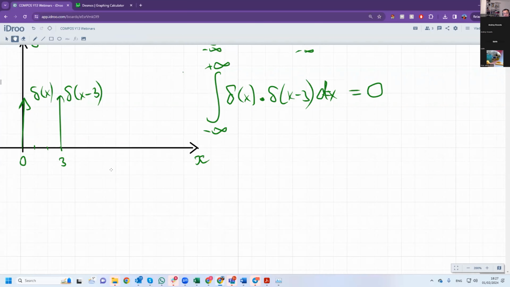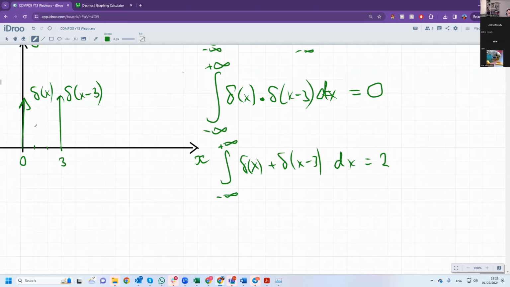And if you do the addition of the two, then it's going to be 2. The integral of delta x plus delta x minus 3 dx is going to be 2. Does that make sense?